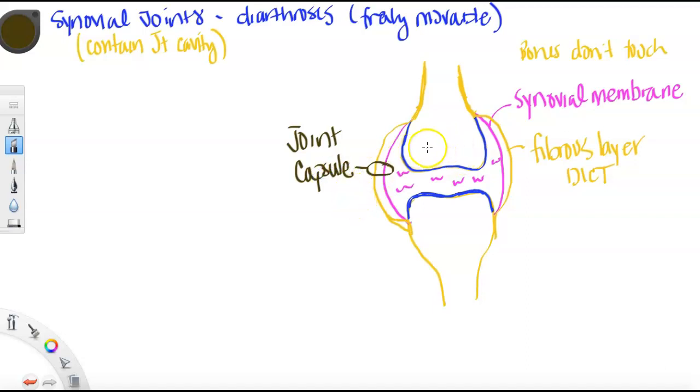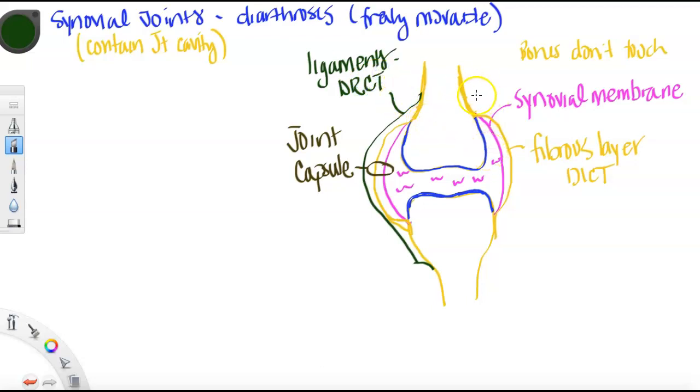Okay, there also can be things around it that protect it. So there can be ligaments. Remember, ligaments are what? Dense, regular connective tissue, and they'll surround it and help to stabilize that joint.